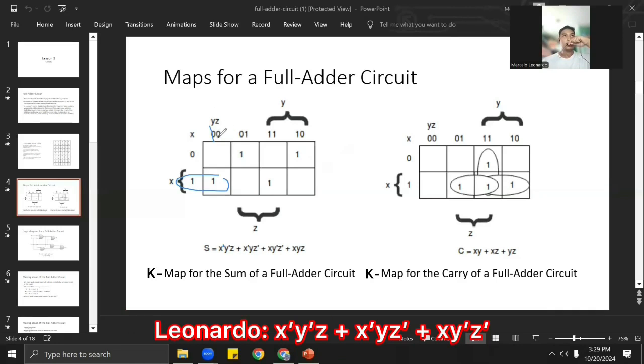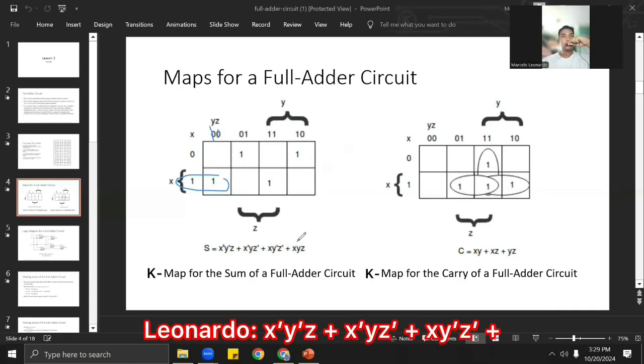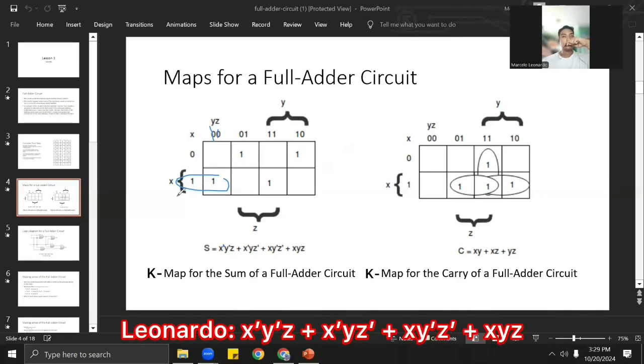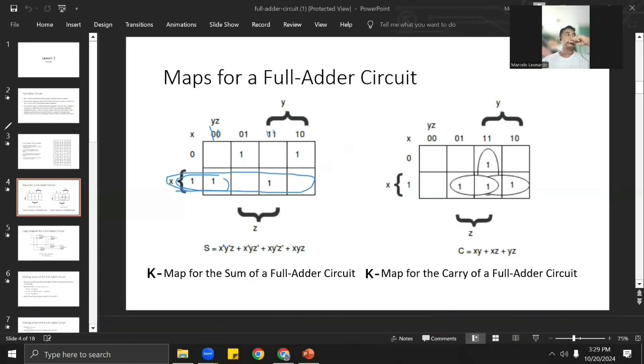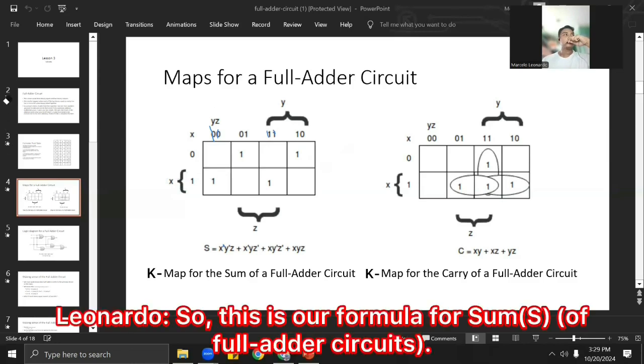Plus x, y, z, kasi parehas silang may 1. So, this is the equation for the sum.